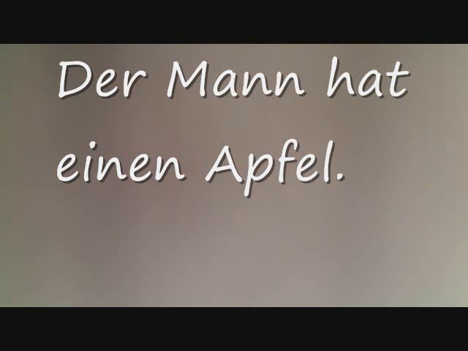What is being had in this example? And the word is Apfel. The apple is being had. So apple is in the accusative case, and since apple is a masculine word in German, der Apfel, the indefinite article is einen. So der Mann hat einen Apfel.